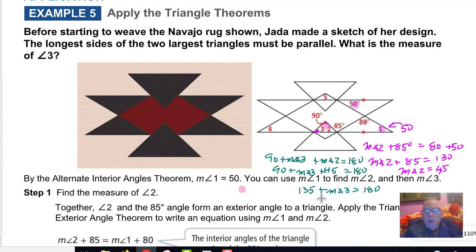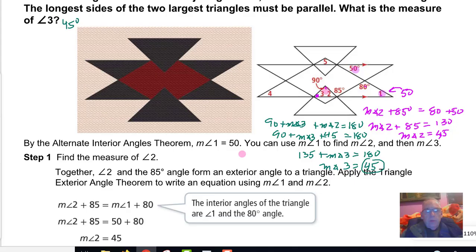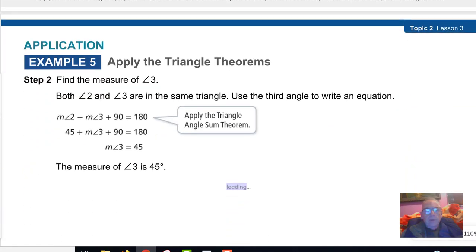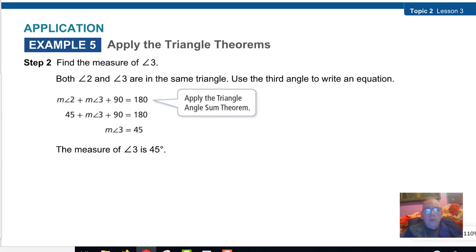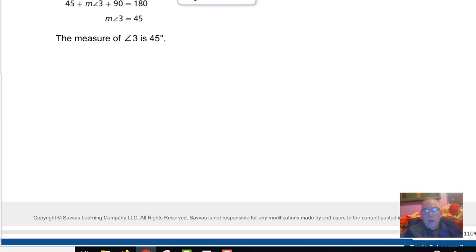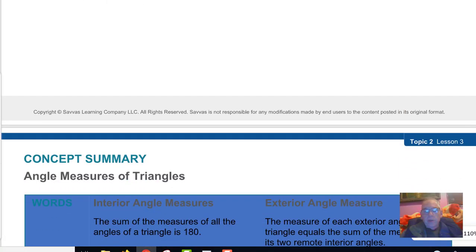Take 135 away from both sides, we got measure angle 3 equals 45 degrees. So we can find out the measure of angle 3 is 45 degrees. Okay, let's move on. Here they're just finishing it up, and they're solving that it's 45 degrees.